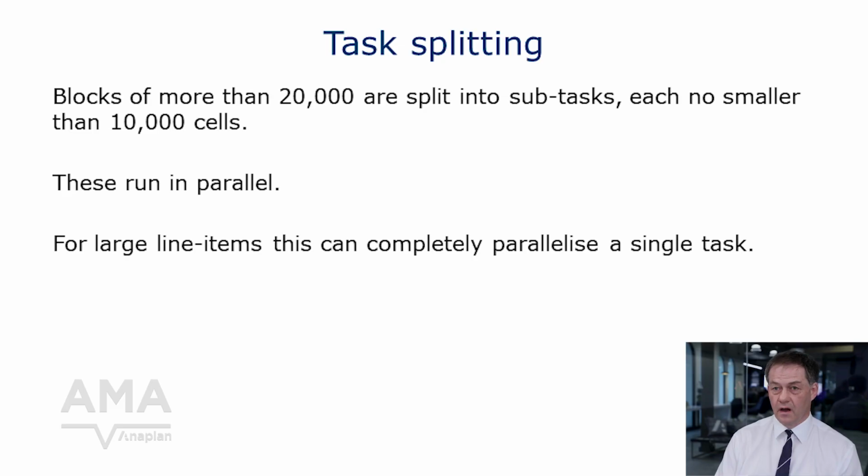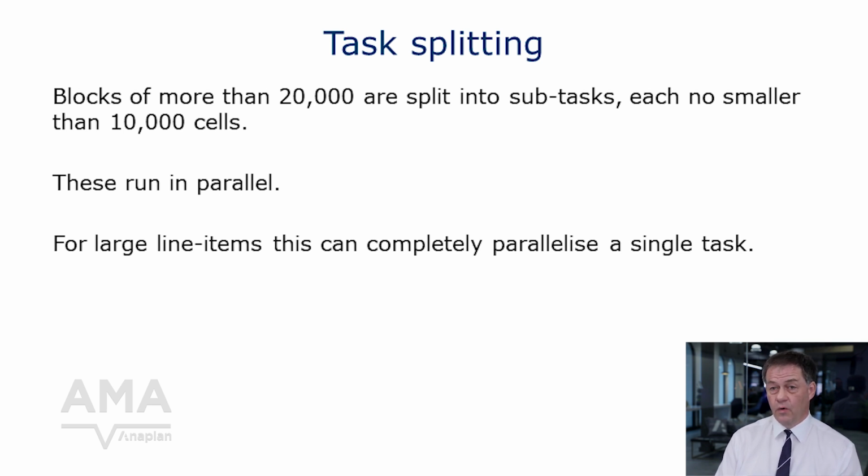So there is one further complication, and that is that if any of the blocks are large, then the calculation of them is split into subtasks. Because none of the cells depend on any of the other cells in the blocks, then these subtasks can be done in parallel.